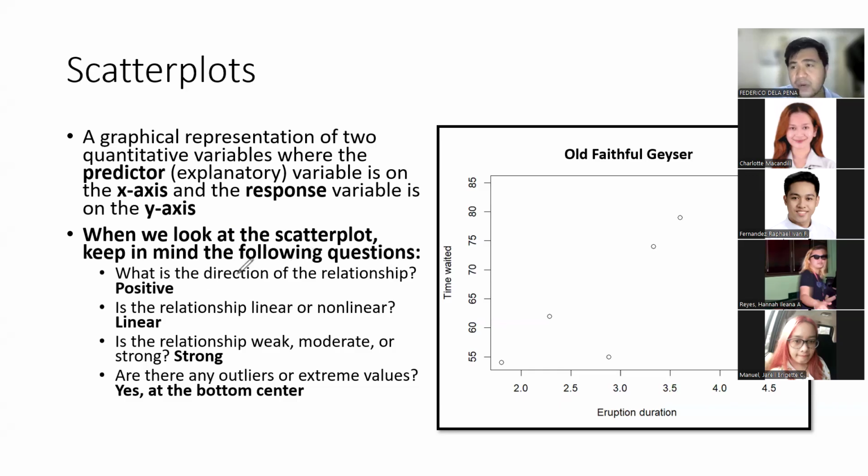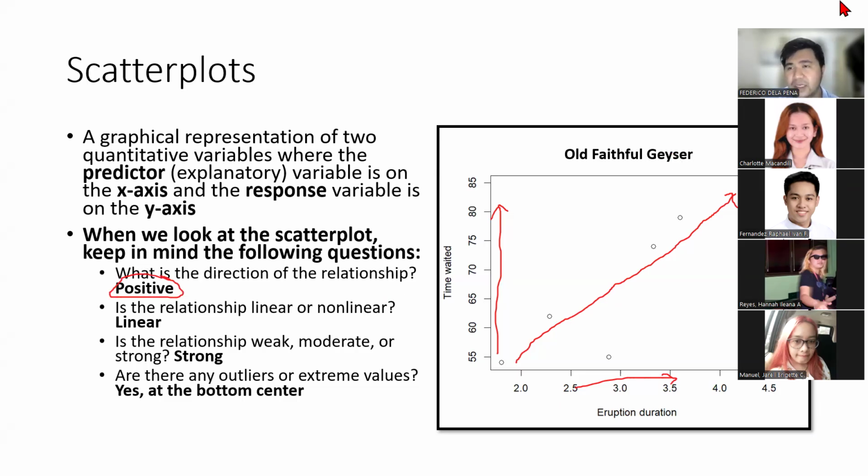And from here, you just have to keep in mind what patterns do we see, like what is the direction of the relationship, right? And here, at least you can see here, as the eruption duration is increasing, the time waited is also increasing. Therefore, it's a positive relationship.